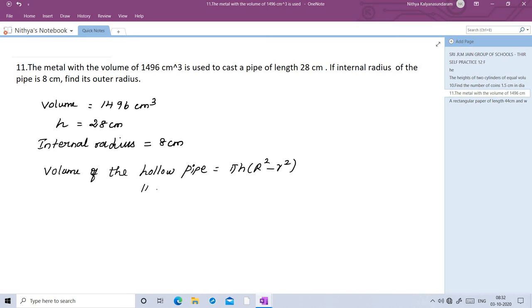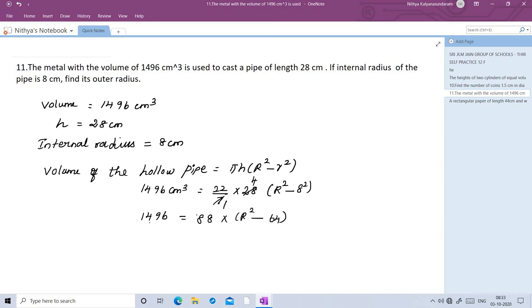So volume is given, 1496 centimeter cube is equal to 22 by 7 into height 28 into (R square minus 8 square). Capital R is the outer radius we want to find out. 7 fours are 28, so 1496 is equal to 22 into 4, which is 88, into R square minus 64, since 8 eights are 64.